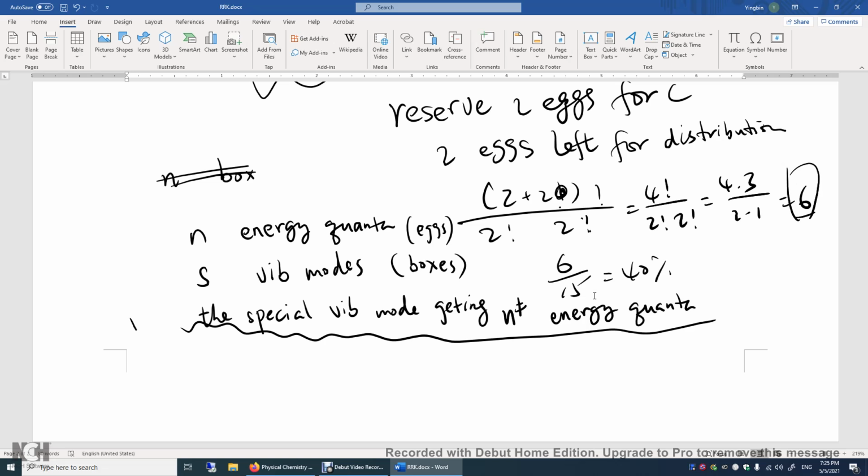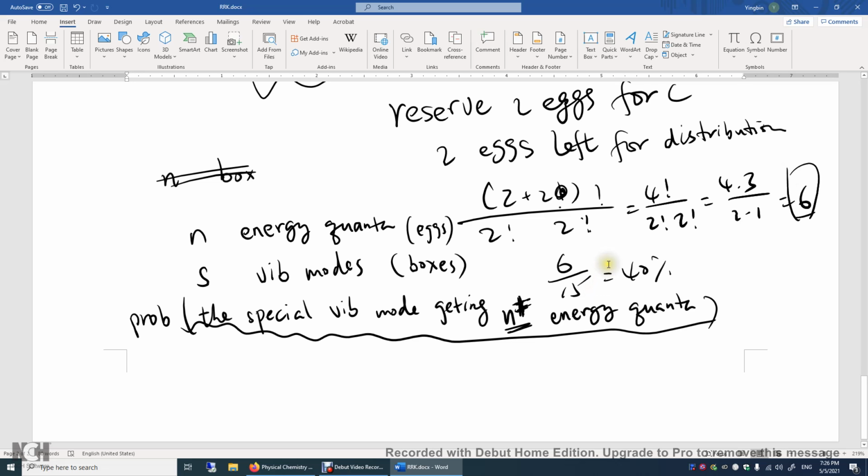We'll look at the probability of the special vibration mode getting n double dagger. It's an integer as well. This one is an integer. Double dagger stands for transition state, or activated complex. But anyway, in here we're just using this symbol double dagger.